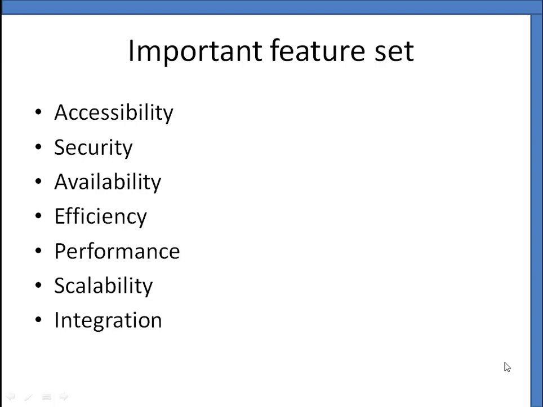Just to give a few examples against some of these feature sets, for security you can think of a firewall, antivirus, and encryption. Encryption can be at the storage level or the network level. For availability, you can think of cluster software, which provides failover of an application from a failed node to a surviving node.